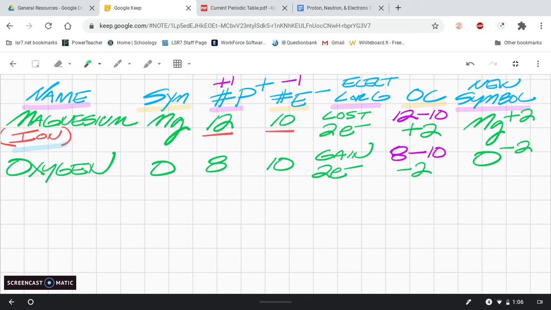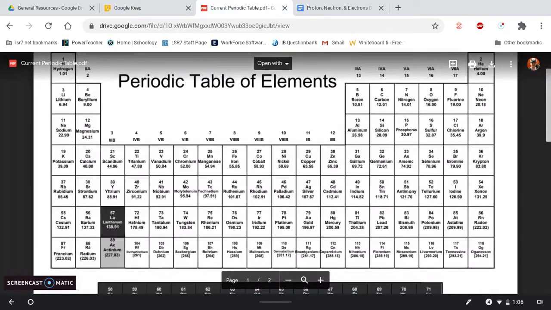All right. Let's take a look at aluminum, which is the next one. So aluminum, I'm going to go ahead and write that in here. Now the aluminum also gets 10 electrons. So go ahead and put that right there. And they didn't give us any other information. So we're going to come over here. There's aluminum right there.